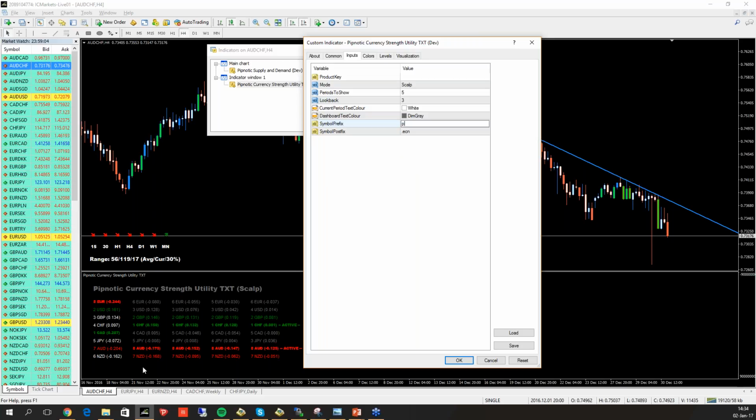If you're seeing all green or all one-colored readings here, then you're probably missing the postfix or the prefix. And if this is set and you're still viewing values down here that are wrong, either green or things aren't changing, then your platform is currently downloading the historical data that is required in order to calculate these values. So just be a little bit patient.